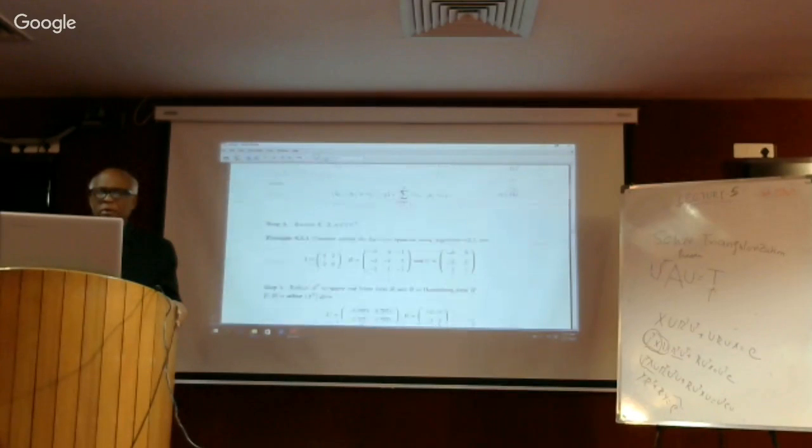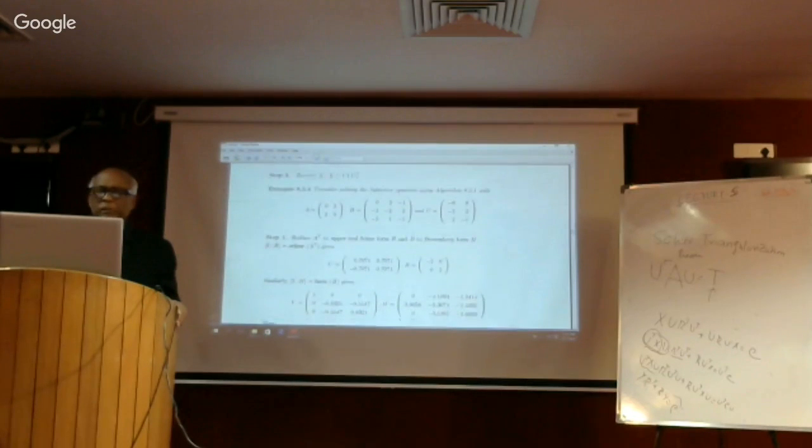So let's look into an example. Suppose A is 2 by 2, B is 3 by 3, and C is of course 3 by 2. If you reduce the matrix A transpose to real Schur form and B to Heisenberg form, R happens to be in this case a 2 by 2 diagonal matrix.